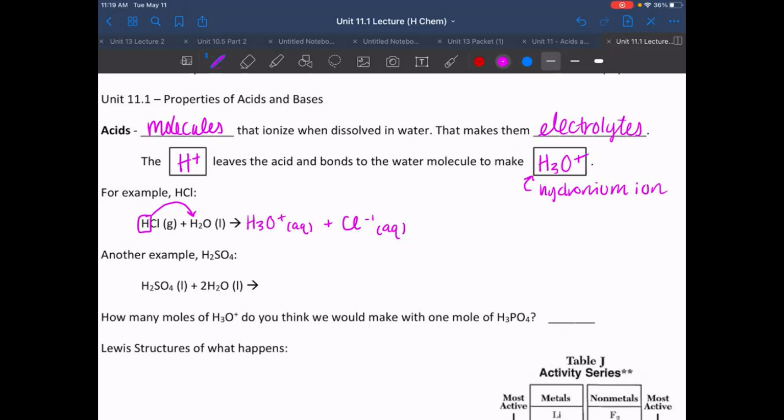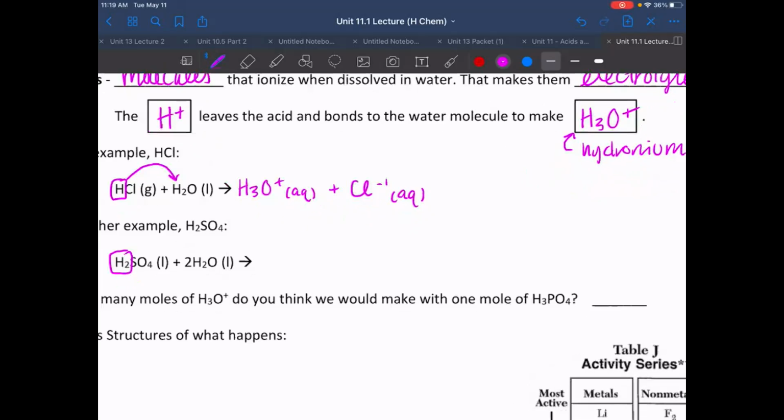And so if we do this now with sulfuric acid, we now have 2 hydrogens that are able to be donated. So we are going to make 2 moles of hydronium ions then per 1 mole of sulfuric acid. So you end up making 2 moles of H3O plus, and then you have a SO4 sulfate ion -2.